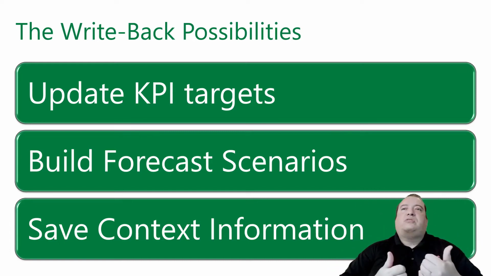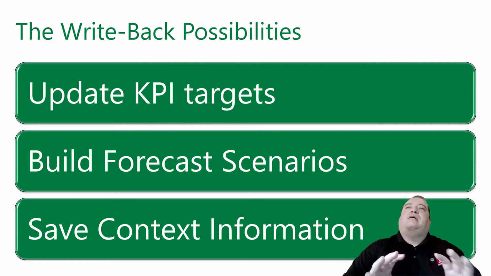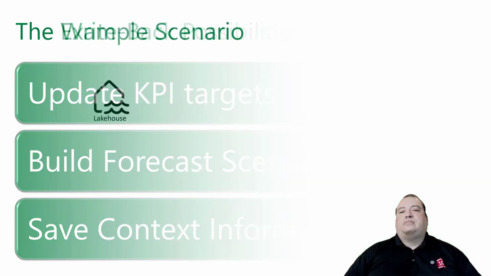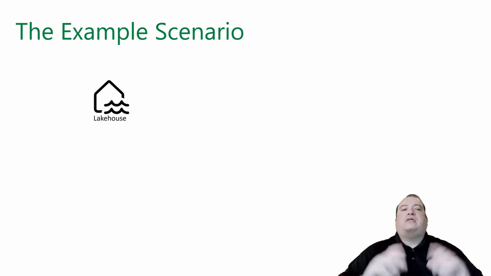It's important that we give context for the information, and the write back feature allows us to save a context to the information that we see in our charts, and in this way, we store this context together with the analytical information. Let's see an example of an architecture, and I will show this architecture implemented.